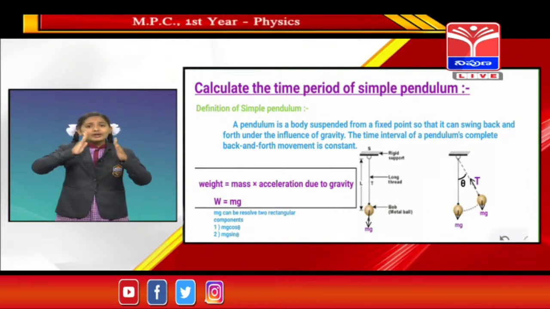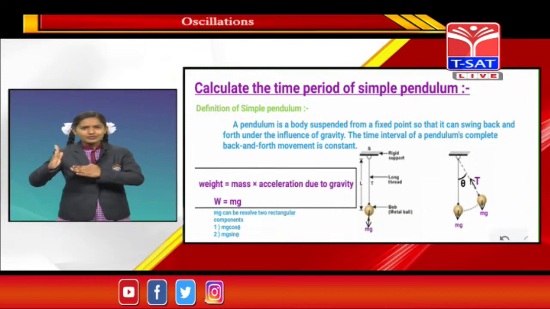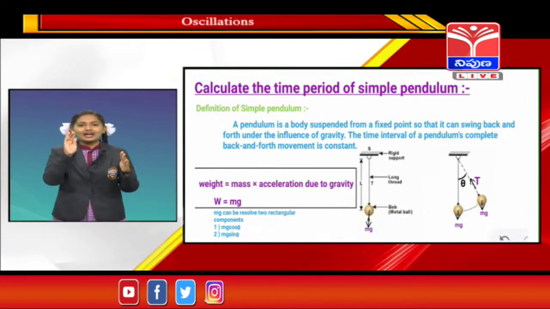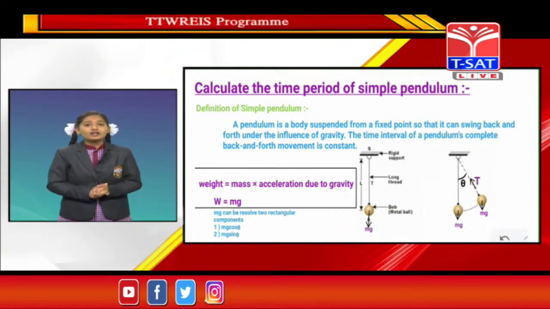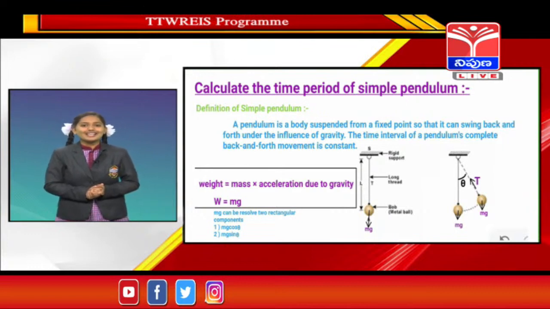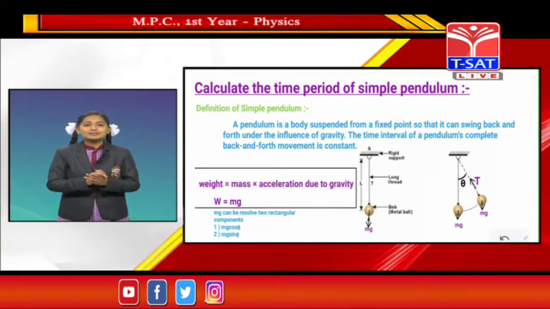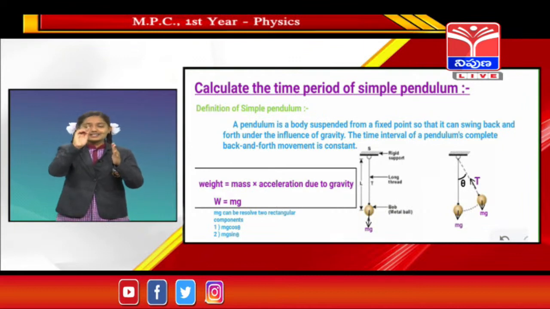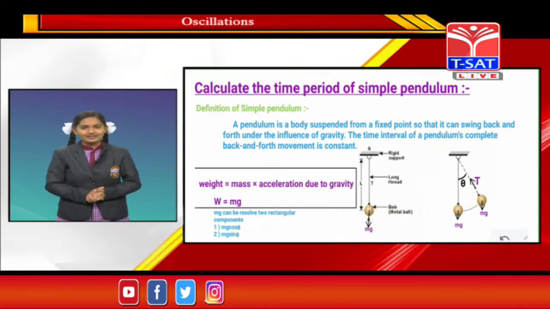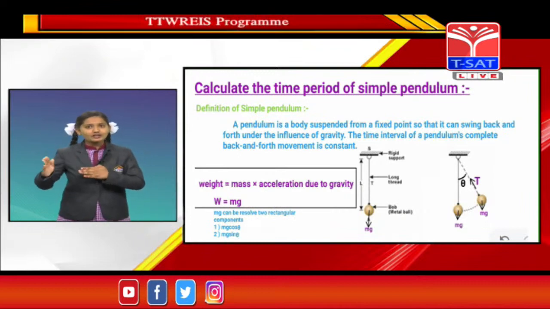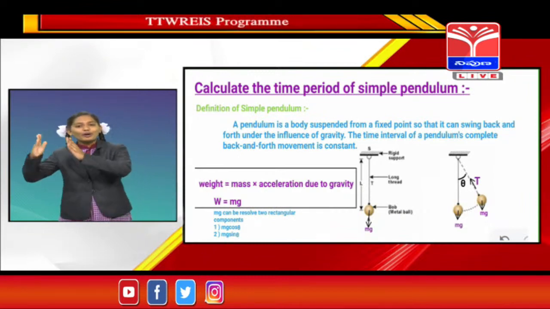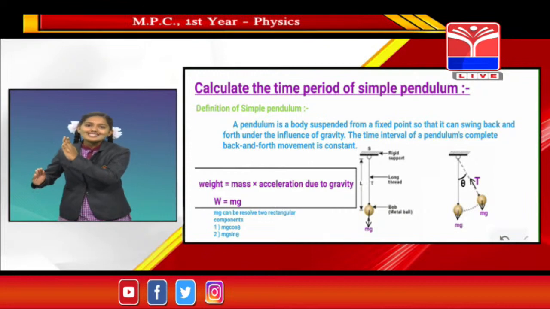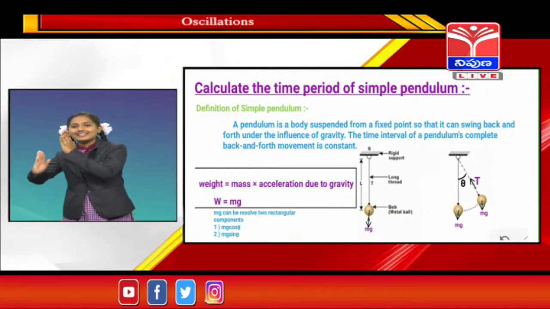Here also, when the bob moves from the mean to the extreme position, it makes an angle theta, the angular displacement. Angular displacement is the angle through which the body is displaced. Even when the body moves from the mean to the extreme position, the weight of the bob is vertically downward, because we know that weight is mg and gravity is always vertically downward.